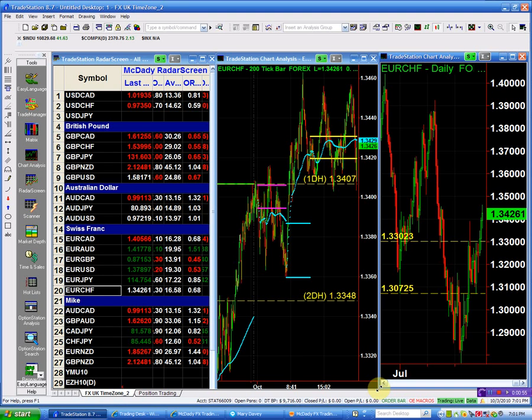Having that combination of buying the strong and selling the weak is important, particularly when you're dealing with foreign exchange, because you're buying one currency in terms of the other. Whenever you're buying the strong currency and selling the weak, that divergence is what we are all seeking to make money.